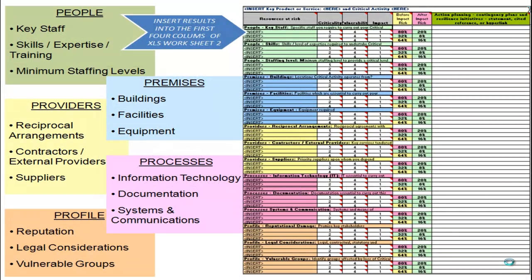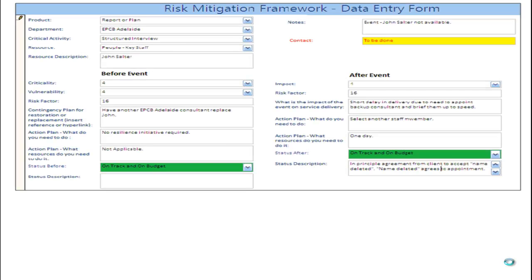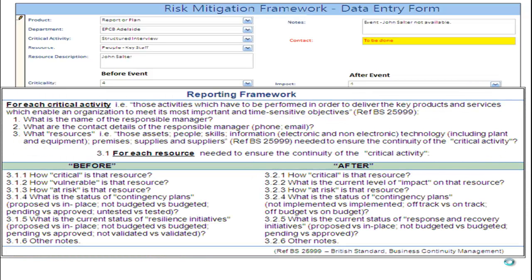The raw data can still be collected by spreadsheet if you wish, but the data it exercises for maximum power is lodged within an Access database. It meets all of these requirements as specified in International Business Continuity Management Standards. Let's see how that works.